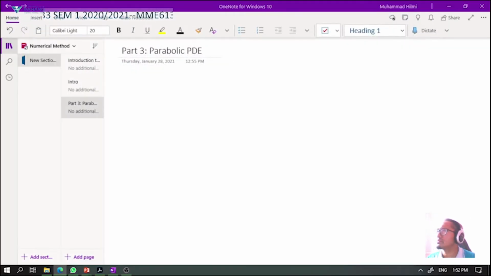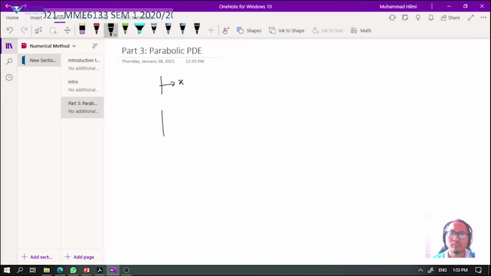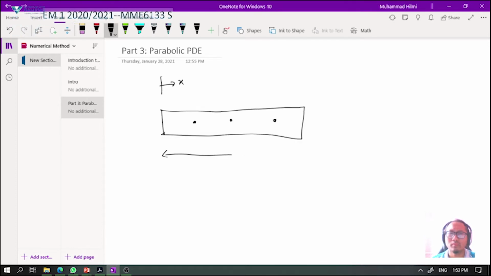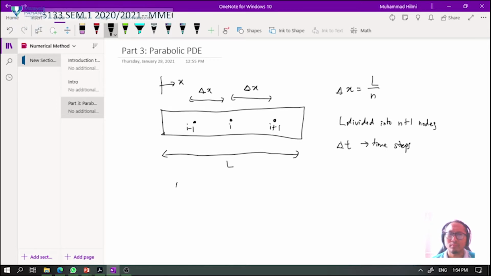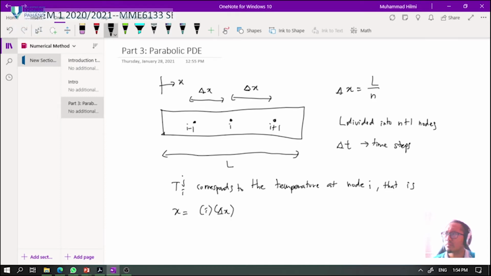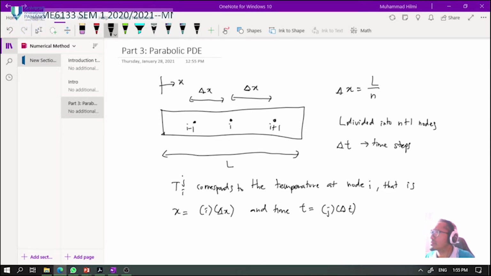So in order to discretize the parabolic PDEs, we can have a thin insulated rod as shown here, where we use schematic diagrams to show the interior nodes inside the rod, where we have the x dimension for the location, and also the t dimension for time, and we have a rod length of L, which we divide into n plus 1 nodes, and therefore delta x will be equal to L over n, where delta t would be the time step, which similarly will be broken into equal time steps.